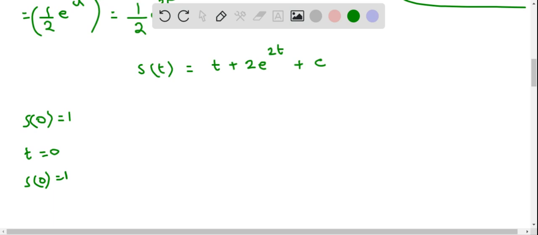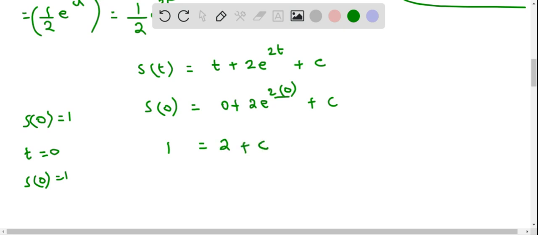So replace t by 0 here, we get s of 0 equals 0 plus 2 e power 2 times 0 plus constant c. Replace s of 0 by 1. So this 1 equals, this one is 0. And this is e power 0 equals 1. And 2 times 1 is 2. So we get 1 equals 2 plus c. And this gives the value of c equals negative 1.